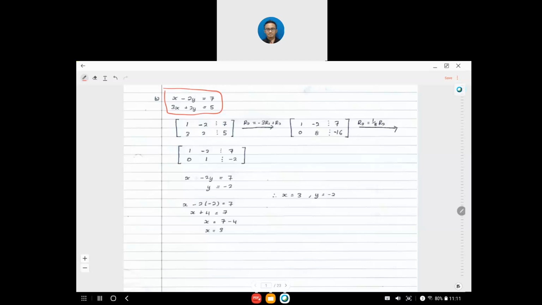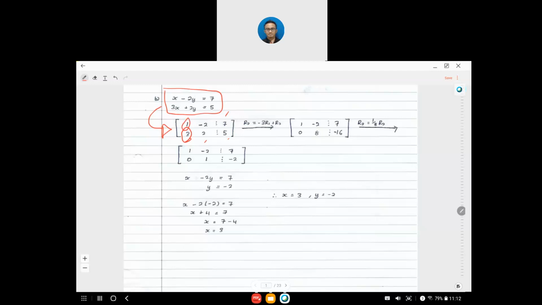equal to 5. Also the same thing, change to the augmented matrix. So you get this matrix 1, -2, 7, 3, 2, 5. First you need to transform this 3 to become 0. How do you get 0 here? The first row is 1.